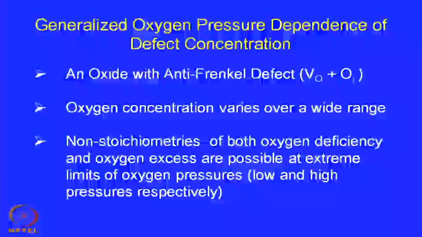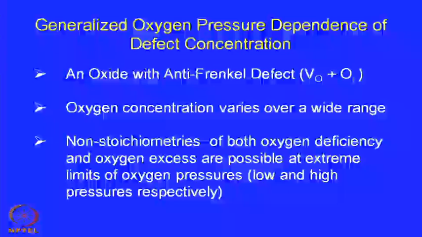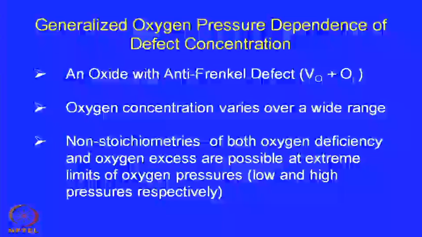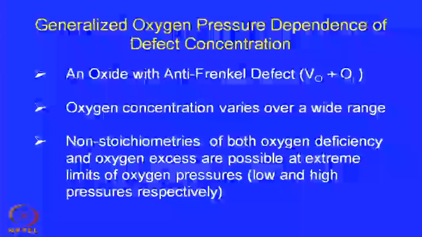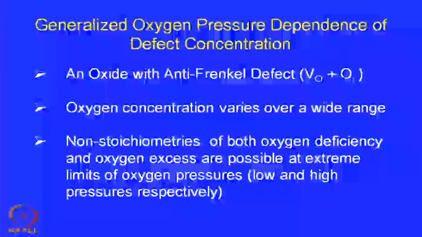In a particular oxide, let us say MO once again, defects are generated only at the oxygen sublattice, the metal sublattice we are not including. So in the oxygen sublattice, two types of defects can be created.